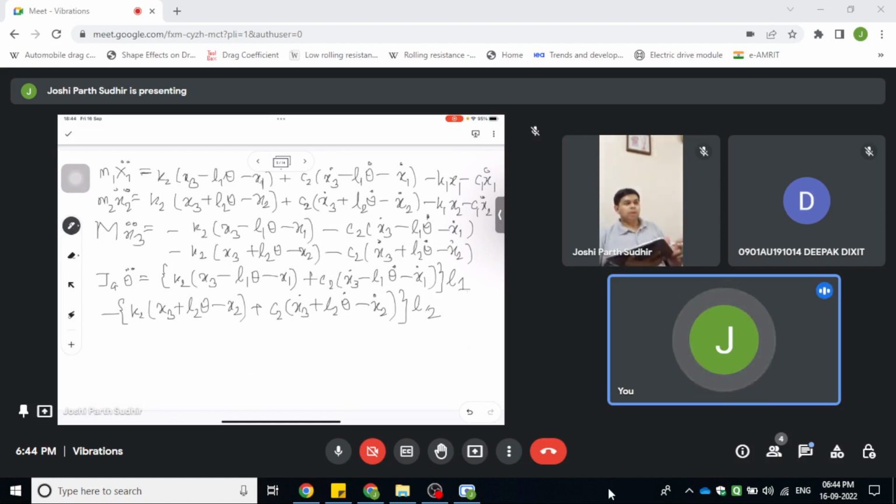So these are the equations of motion for all the masses, also including the moment equation.